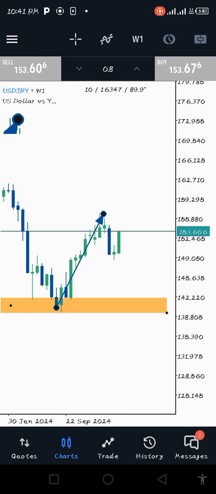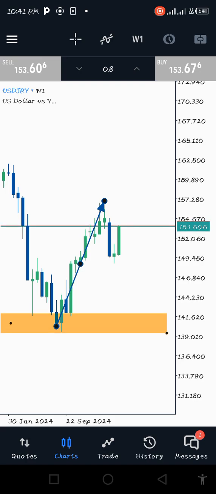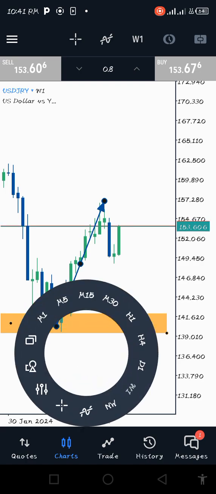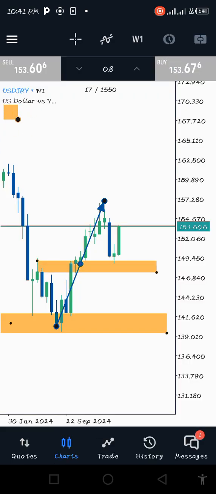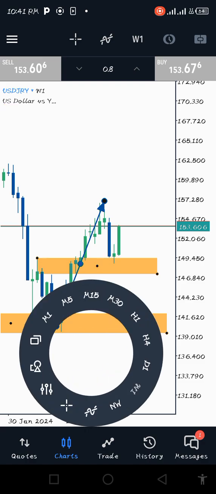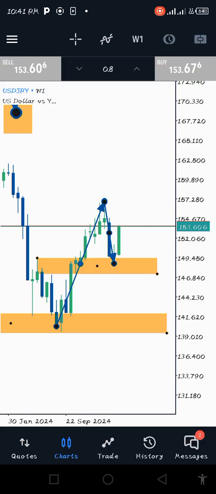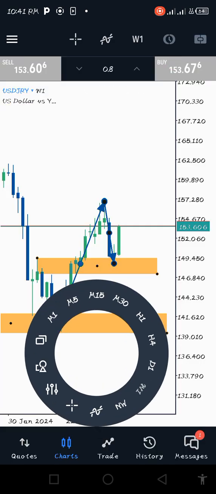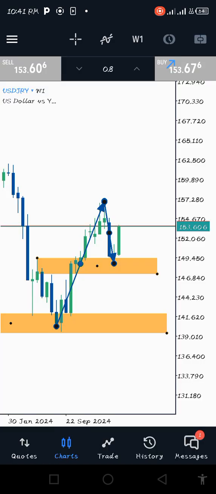Price reacted off, giving us our first movement, and then our first wave, and then price reacted down, giving us a rejection from the top, from this top into the zone, and we are expecting price to react off that zone up to which point?